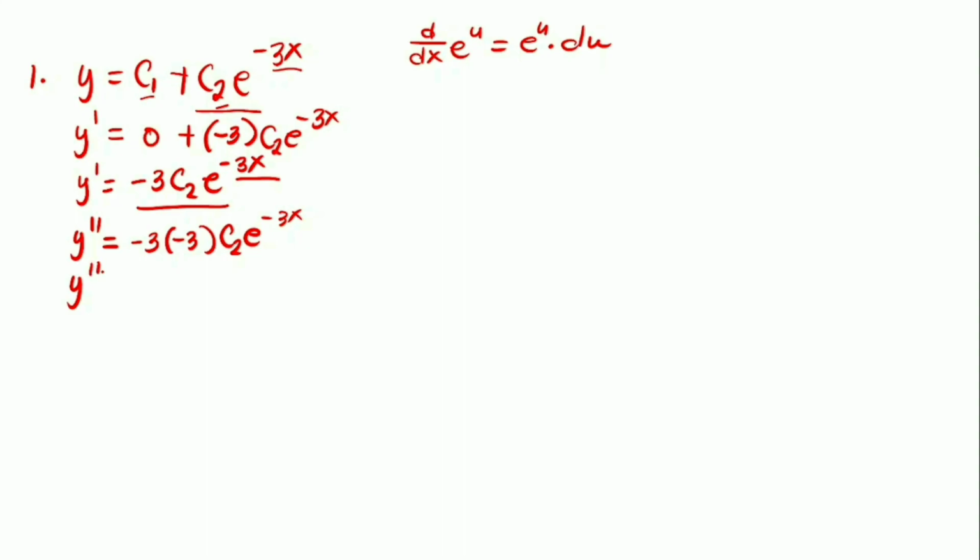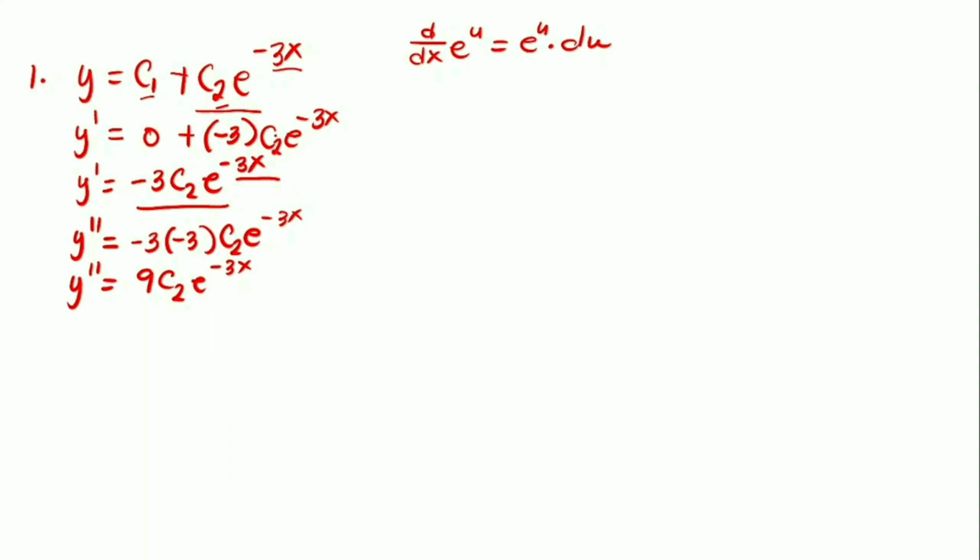Therefore, the second derivative y double prime is equal to 9 c sub 2 e raised to negative 3x. Okay? So, therefore, you have a first derivative and second derivative. Now, paano natin maalis ang constants? You need to combine the two equations in order to eliminate the remaining constants.